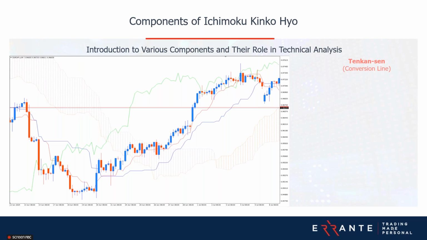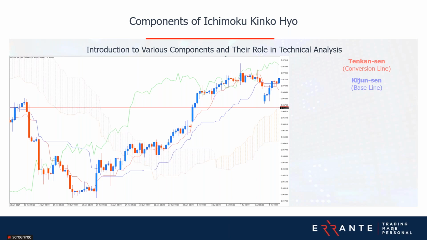What is fascinating about Tenkan-sen is its ability to provide early signals for trend changes. It's like the market's pulse, offering quick insights for entry and exit points. Many analysts overlook its potential beyond just short-term trends, but it's truly a gem for identifying rapid market shifts. And you will see how we're going to use it in our next few slides.